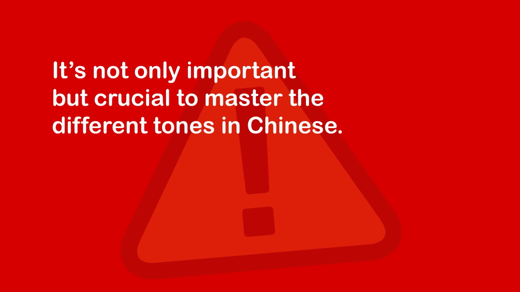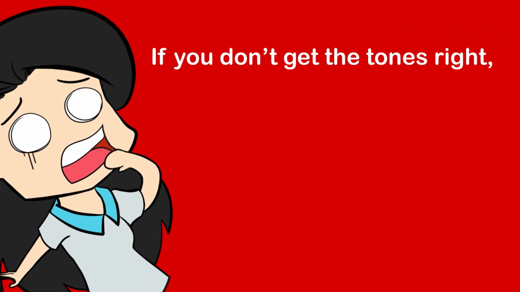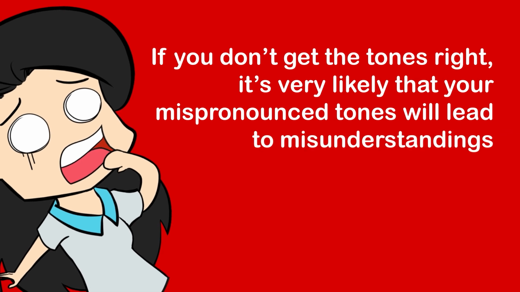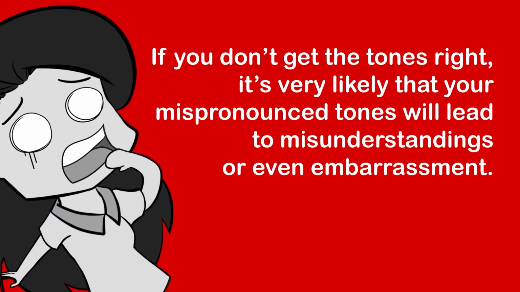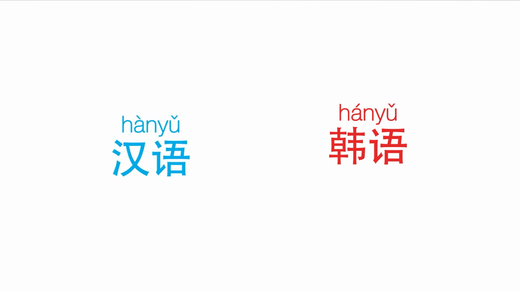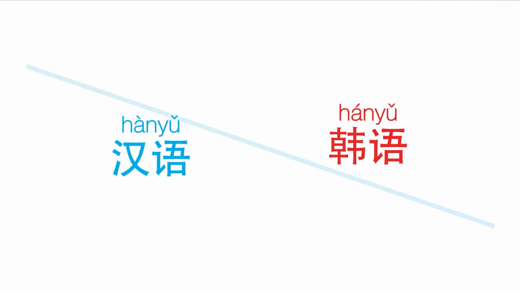It's not only important, but crucial to master different tones in Chinese. There are so many words that come with the same pinyin spelling. If you don't get the tones right, it's very likely that your mispronounced tones will lead to misunderstandings or even embarrassment. A quick example. The pinyin and tone for Hanyu is with the fourth falling tone on Han, Hanyu.